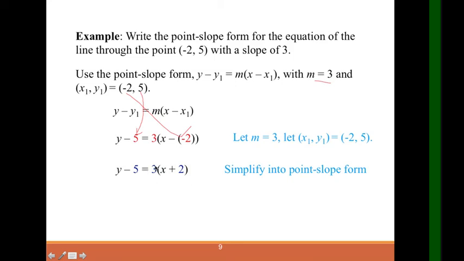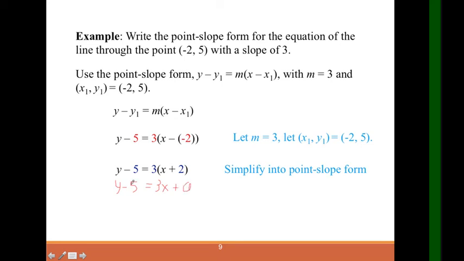So, I-multiply lang natin yan. So, magiging y minus 5 equals 3 times x is 3x. Okay? Plus 3 times 2 is 6.